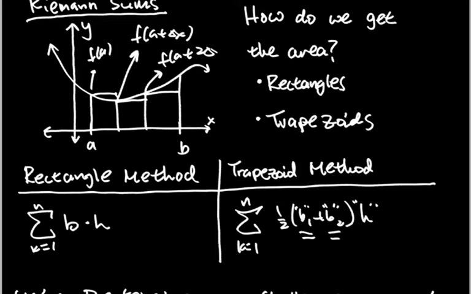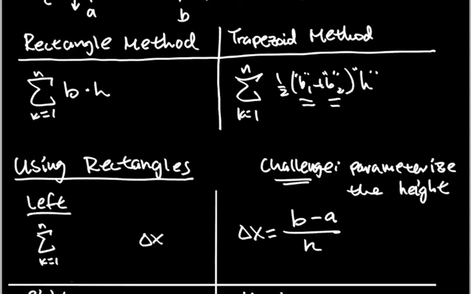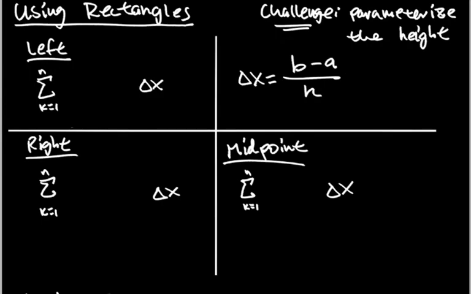So what do we notice here? This is basically going to be f of a plus 0 times delta x. This is f of a plus 1 times delta x. Here's f of a plus 2 times delta x. But we have 3 rectangles, right? So the interesting thing about left then is we can start at a and then add something times delta x.